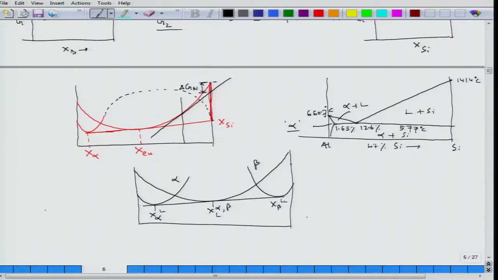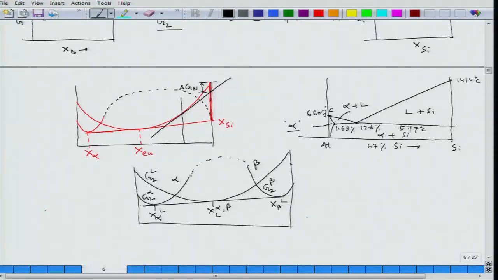Now, interestingly, in the case of copper silver, I could see that they were continuous lines: this is G of alpha, this is G of beta, and this is G of liquid. But since alpha and beta have different crystal structures, we are not able to connect this entire solid solution line.